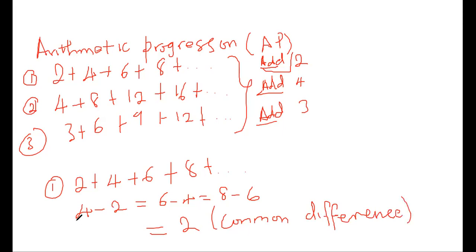Because when we get 4 minus 2, it is the same as 6 minus 4, and it is the same as 8 minus 6. So we are calling that a common difference because it is common when we subtract any two corresponding values, it keeps on giving us the same figure.